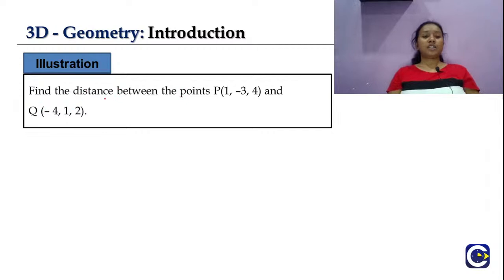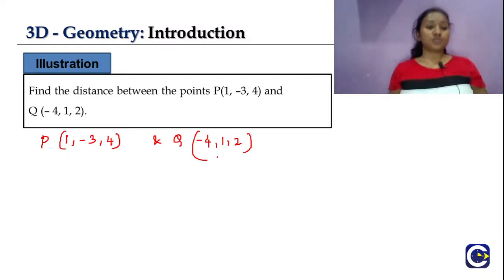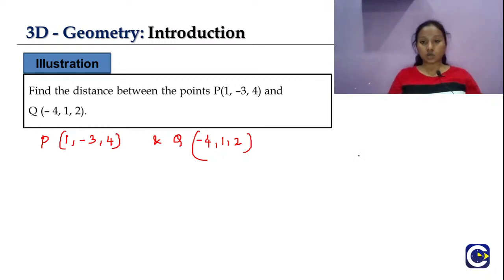Here you have to find the distance between the given 2 points. One is P with the coordinates 1, minus 3, 4, and the other point Q with coordinates minus 4, 1, 2. So quickly find the distance, guys. Use the formula which we have seen just now.